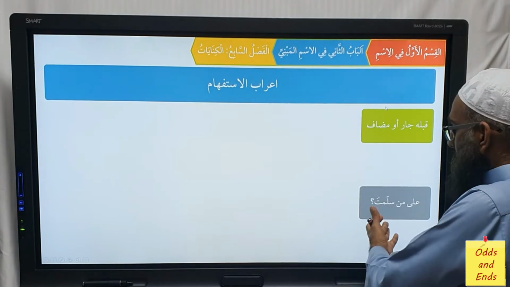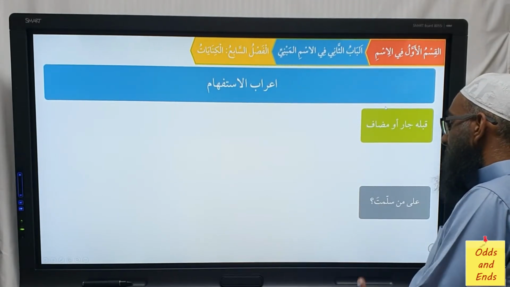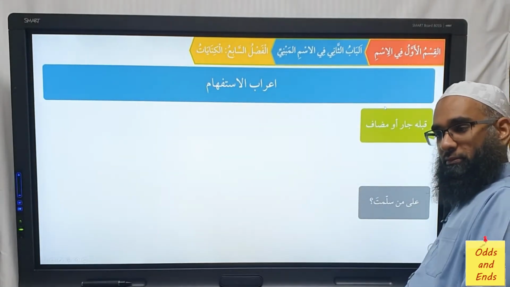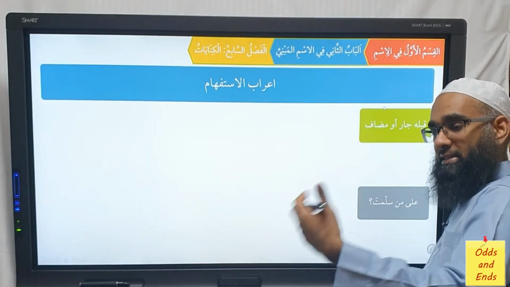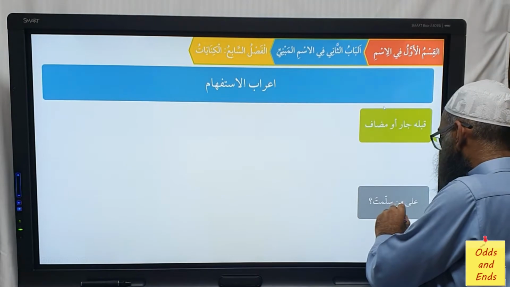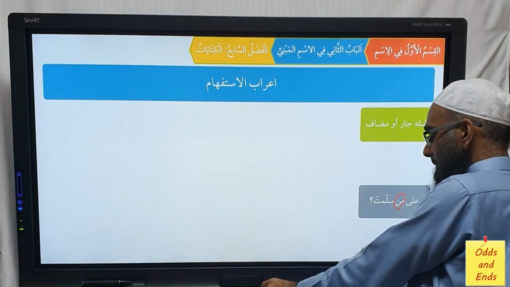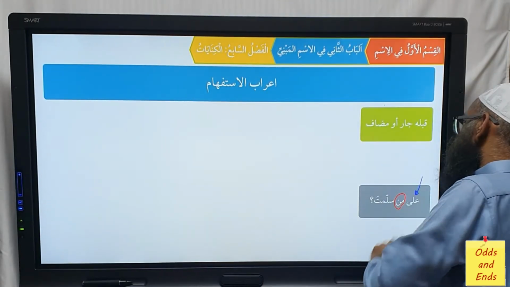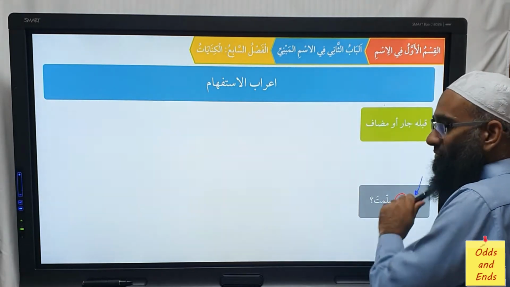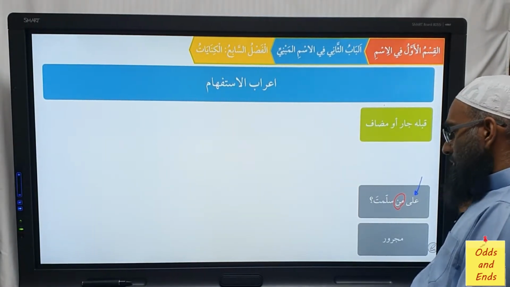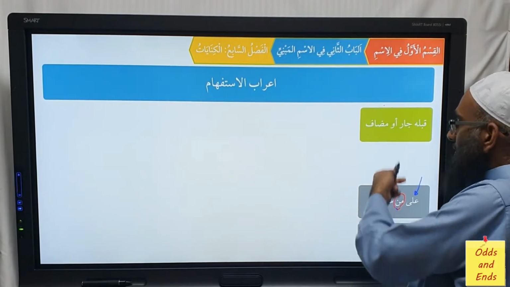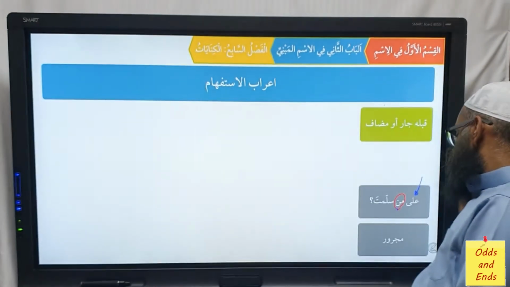For example, Ala man sallamta, to use the word sallamtu alayhi. I said salam to him. So now the man is here. Before man, we have ala. So obviously, what's the I'rab of man in here? Majroor, because before the man, there's a harfun jar.